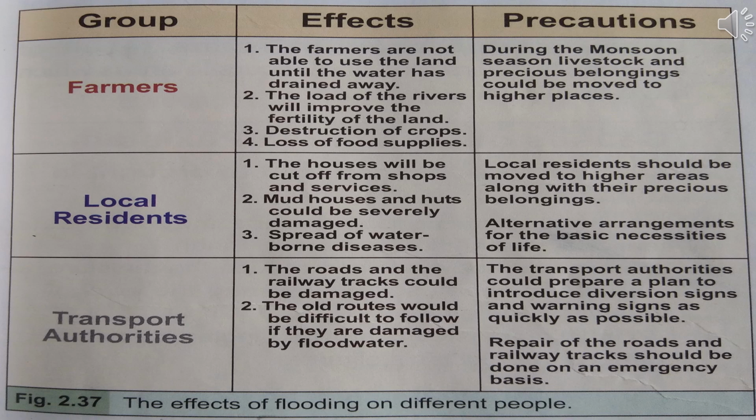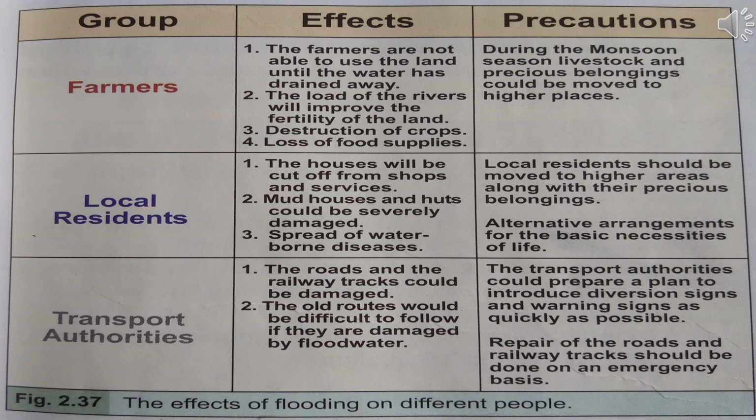And whatever agricultural machinery is present in the nearby areas, the farmers, obviously they are practicing agriculture, they must have agricultural machinery. So if water damages everything, do you think the agricultural machinery would be saved? No. So the machinery would also be damaged.